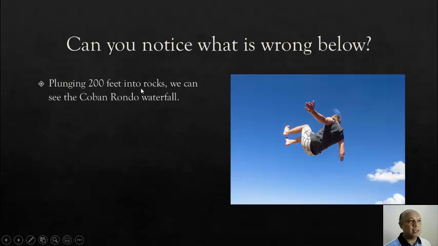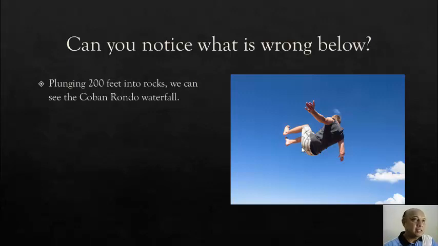So if you put it this way, it means that you or we are falling 200 feet into rocks. Of course, that's terrible, right? You don't want to do that, right? So this sentence is wrong because it means this one, and of course you do not mean that.